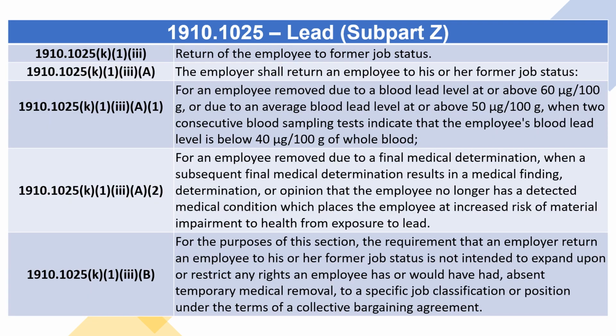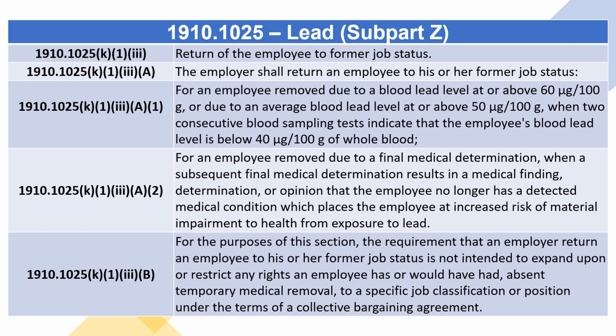(k)(1)(iii) Return of the employee to former job status. (k)(1)(iii)(A) The employer shall return an employee to his or her former job status. (A)(1) through (A)(2) For an employee removed due to a blood lead level at or above 60 µg/100 g, or due to an average blood lead level at or above 50 µg/100 g, when 2 consecutive blood sampling tests indicate that the employee's blood lead level is below 40 µg/100 g of whole blood.